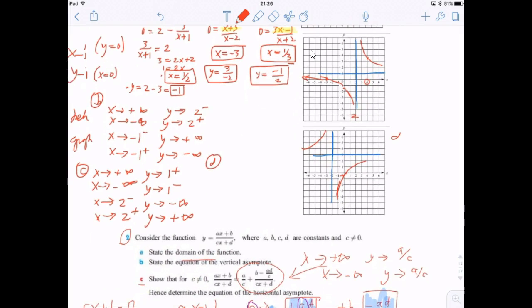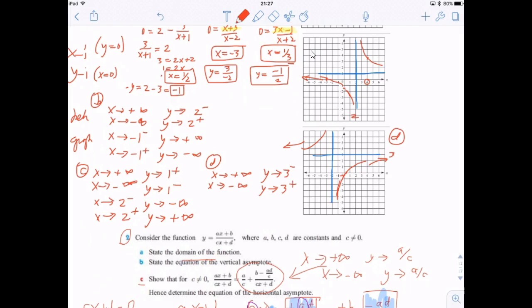So D is this one here. And if I'm approaching positive infinity on the x, then I can see that I'm going to approach y = 3 from the bottom, right? As x approaches negative infinity, then I can see that y approaches 3 from the top.